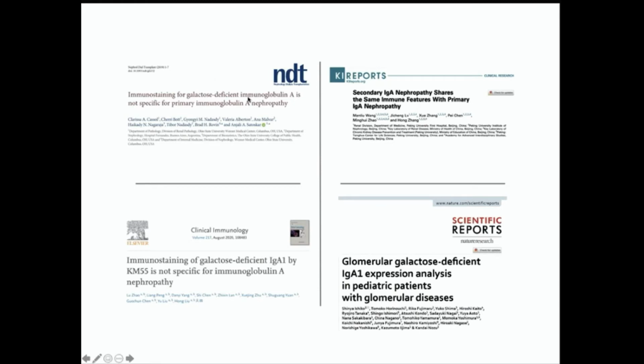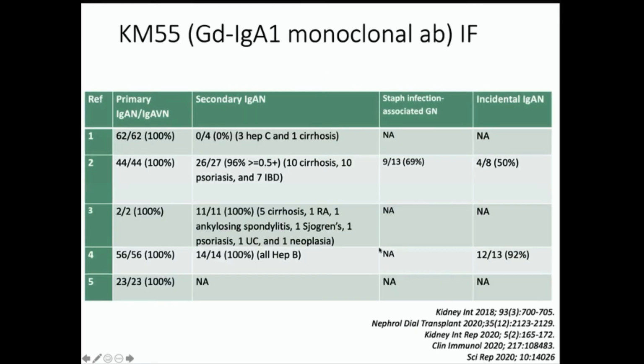However, it's not specific for primary. They detected positive staining in secondary forms. I put in a quick summary of this KM55 antibody immunofluorescence staining so that we can see that.